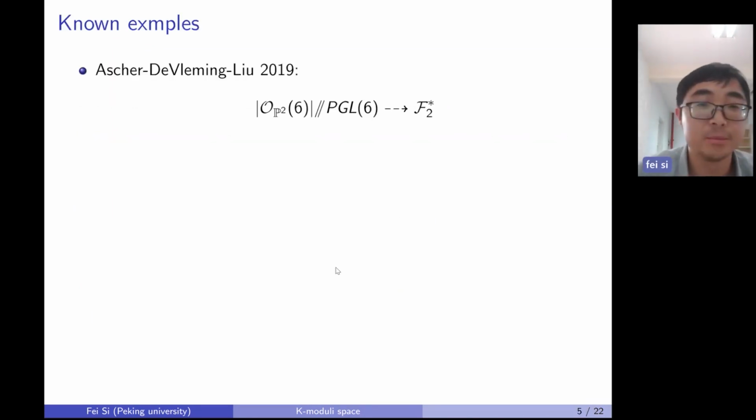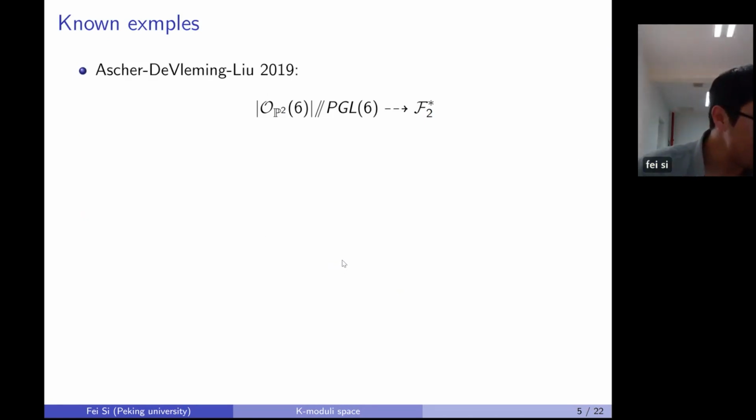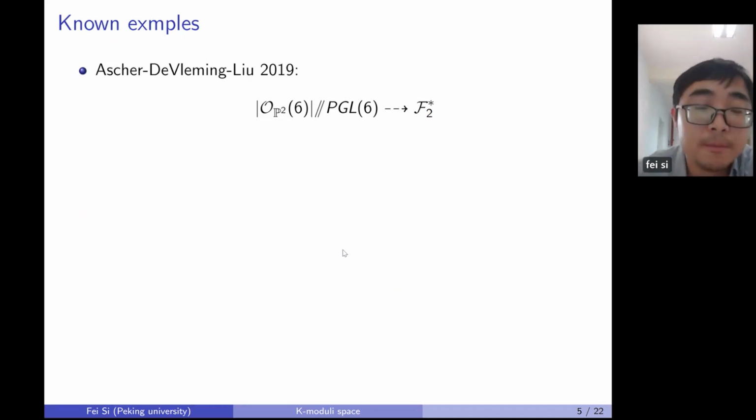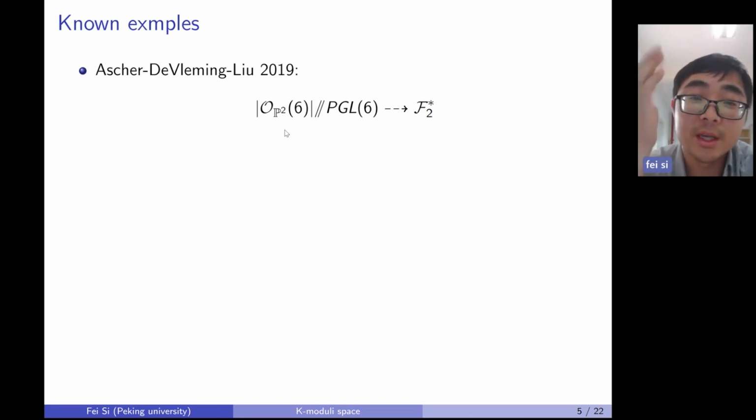Okay, let's see some examples that we know. The first example is the g equal to 2 case, that is, the moduli space of quasi-polarized K3 surfaces of degree 2, or genus 2. In this case, a general K3 surface can be viewed as a double cover of P2 branched along sextic curves.